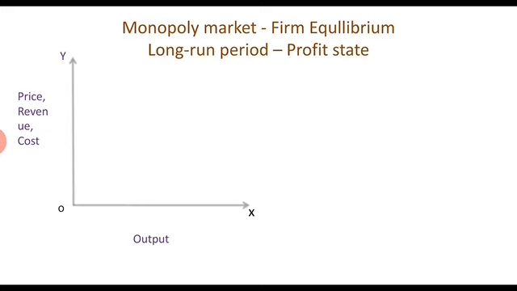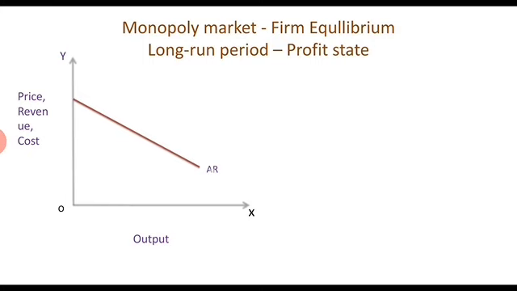In the short run, a monopoly firm may get profit or loss, but in the long run, the monopoly firm can get profit.